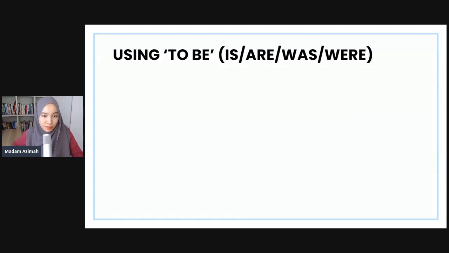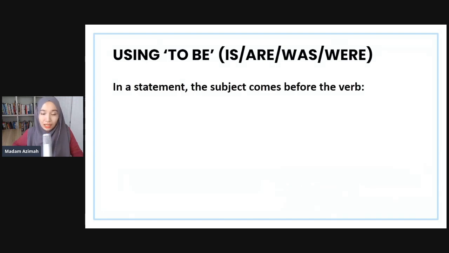Now let's look at using to be. Again, we have the to be verbs. I've written it down for you: is, are, was, and were. In a statement, when you're not asking a question, the subject comes before the verb. Very simple, something like this. This is our new office.